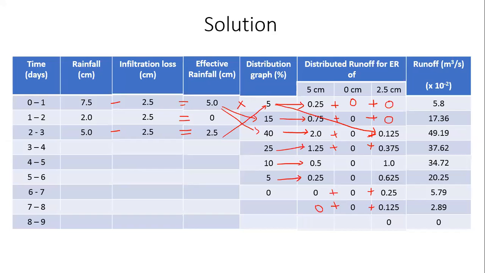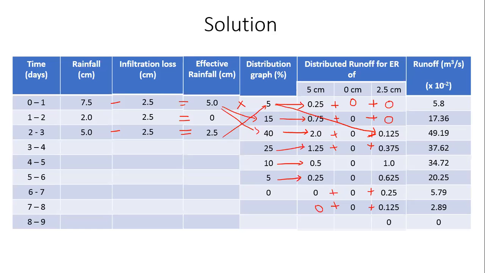I understand what your question is, but the way we are looking at it, the phi index is a constant as a function of time. In reality, it may not be. Phi index on the first day may be 2.5. On the second day, it may not be 2.5 centimeters per day. It may be 1.5 centimeters per day, because we assumed that phi index is constant.